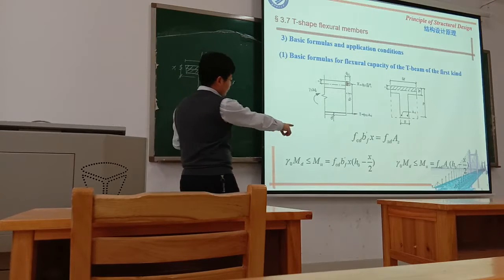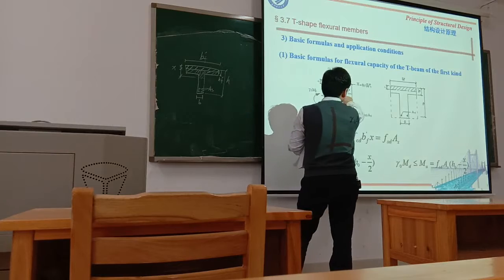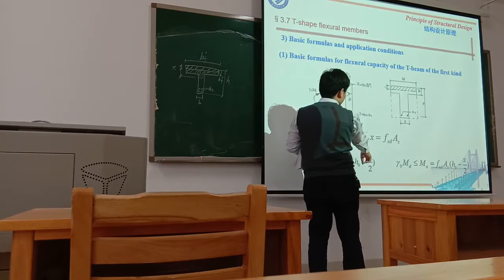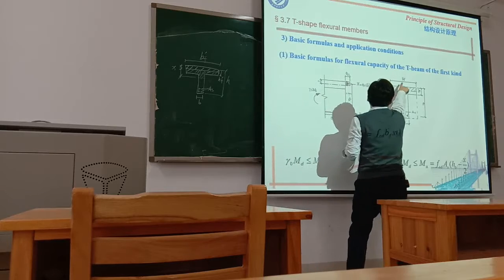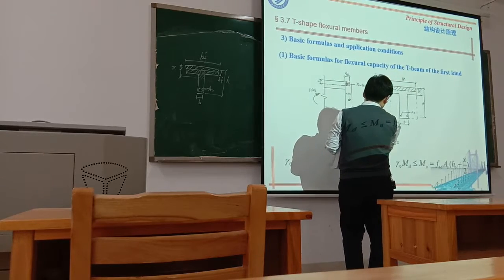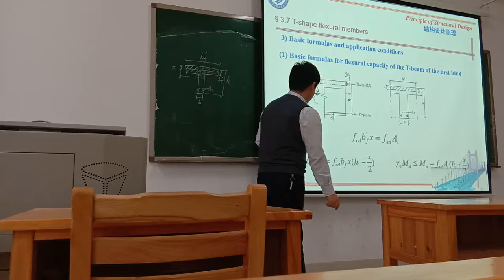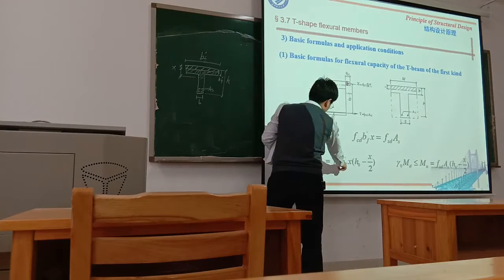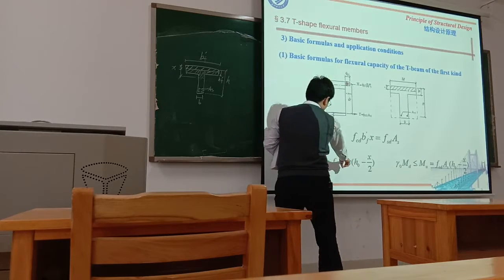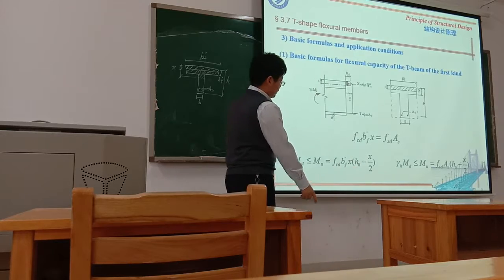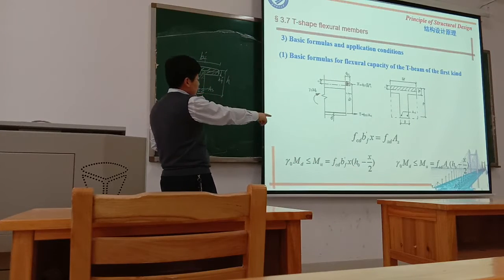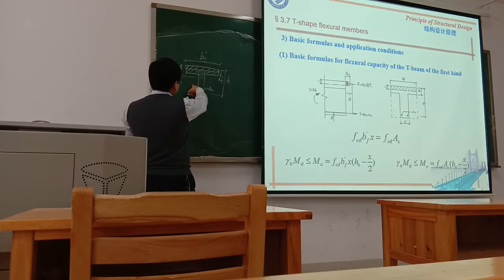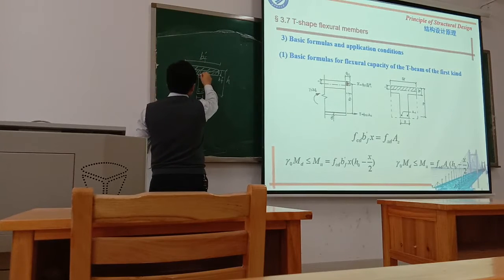So this formula is for type 1: f c B prime X equals the tensile force. And then the type 2 for this type.